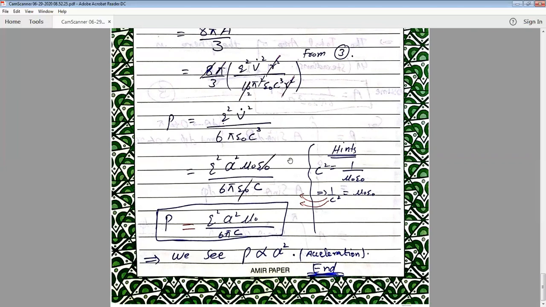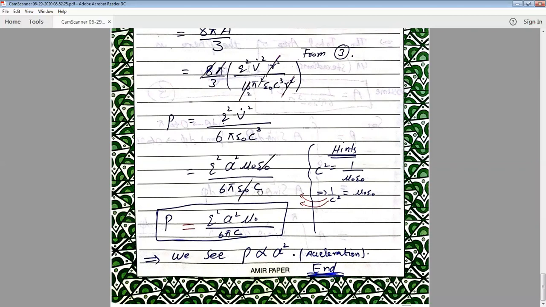We see that here is the term c, and we know that the speed of light is equal to 1 over the square root of epsilon naught mu naught. Now taking the square on both sides, we get c square equal to 1 over epsilon naught mu naught. Put the value of 1 over c square here.